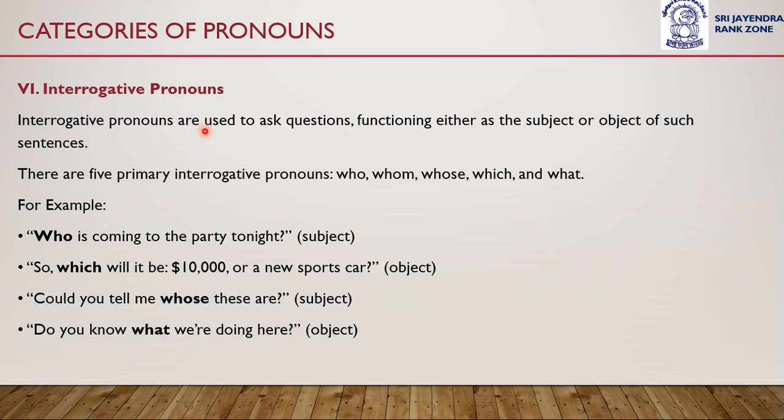Here whose has been used as the subject. Alright. Another example is, do you know what we are doing here? Here in this sentence, what is used as an object. I hope you have understood everything about interrogative pronouns and how they function as subject as well as object in a sentence. Alright.